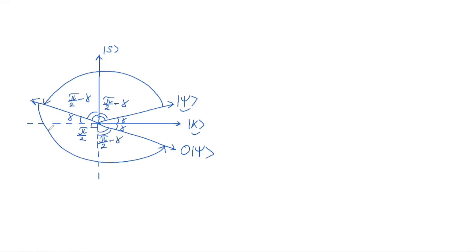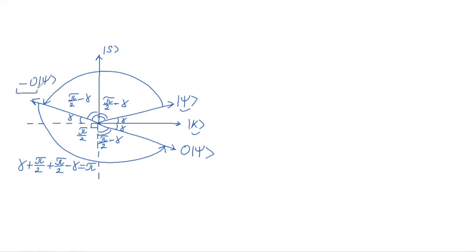Therefore, at this second step where we're making a rotation, we are rotating at the following angle, going from left to right here. It's gamma plus pi over 2 plus pi over 2 minus gamma, which is all equal to pi. So the total rotation here is actually 180 degrees, and that means that this vector here is minus O psi.